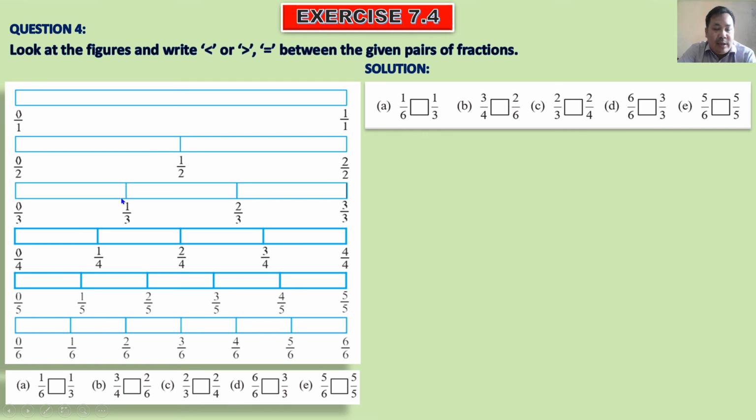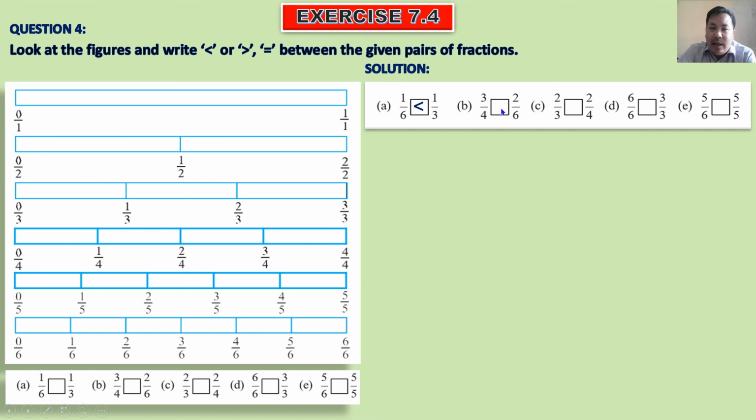So in A, in the solution, we get that 1 by 3 is larger than 1 by 6. Here you can apply the idea: the smaller the denominator, the larger the fraction, since they have the same numerator. Then we have the sign like this. That means 1 by 3 is greater than 1 by 6, or you read it like this: 1 by 6 is less than 1 by 3.